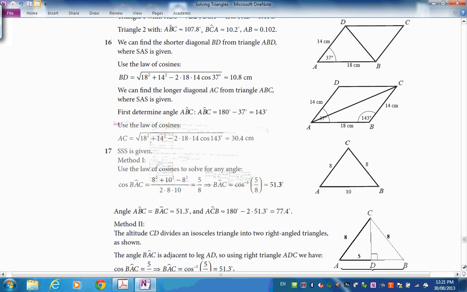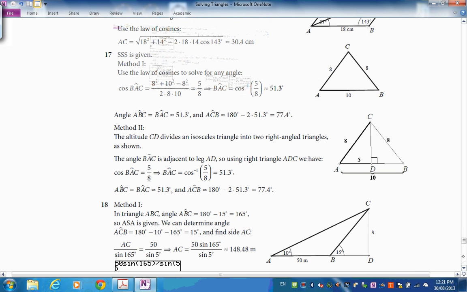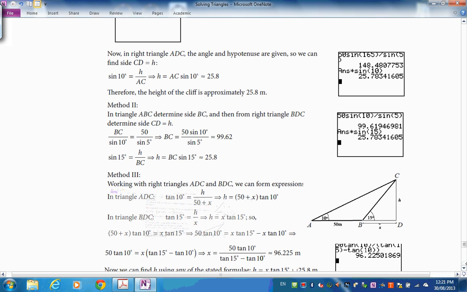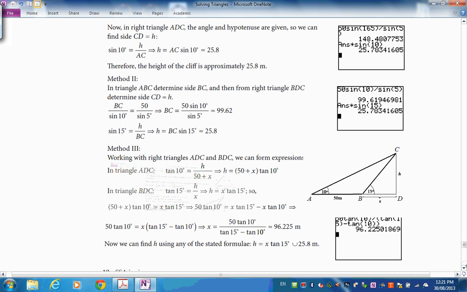Sixteen. Let's go to 17. A bit more of 18 in a minute. Few different methods there.